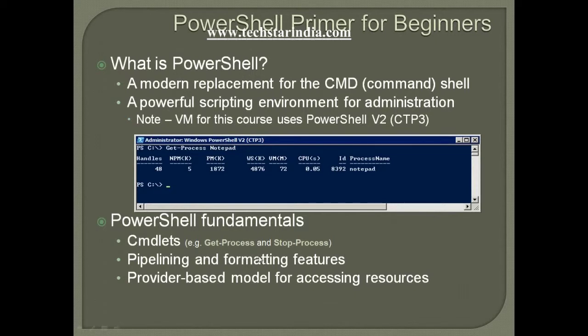Commandlets have a notation like Get-Process. It starts with a verb followed by a hyphen and then followed by a noun. The verb is like get or set, followed by a hyphen, and then the corresponding noun.